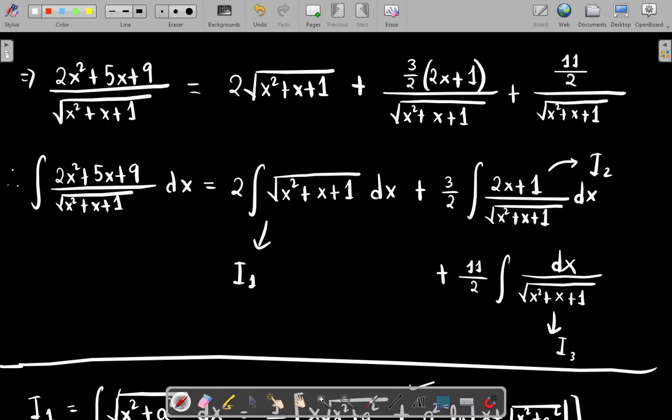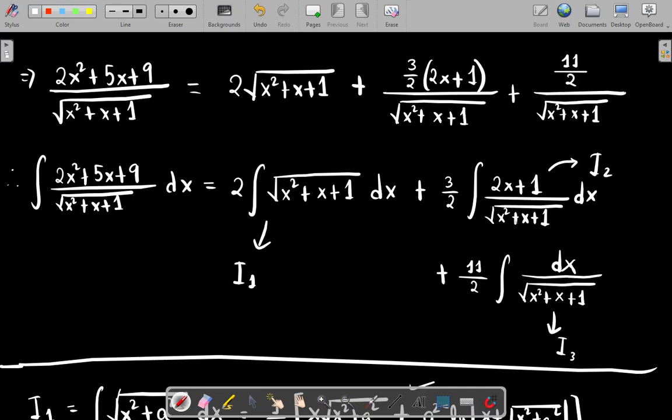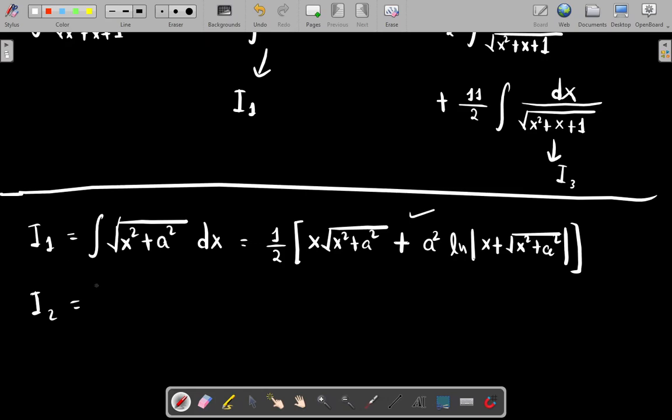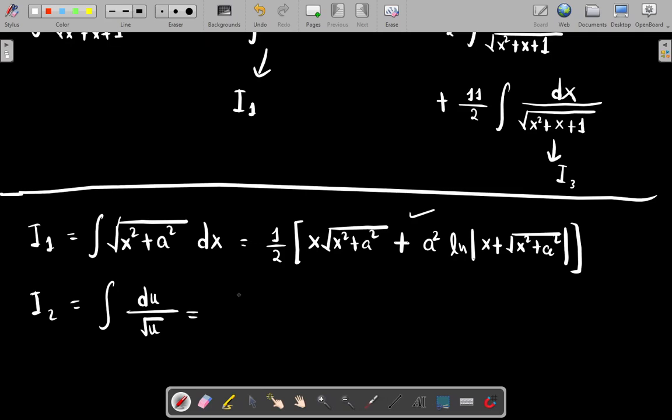Now for I2, this is of the form, if I take this denominator as u, then the integral is of the form du upon root u, right? If you do the derivative of this, it will be 2x plus 1, right? So this is present in the numerator, so this is of the form du upon root u. So this will become u to the power minus half divided by minus half plus 1.